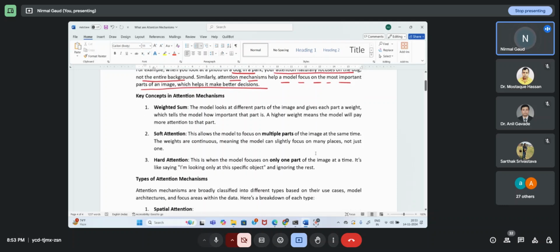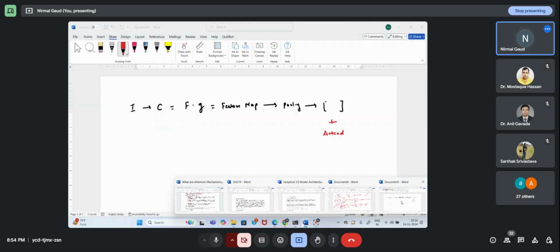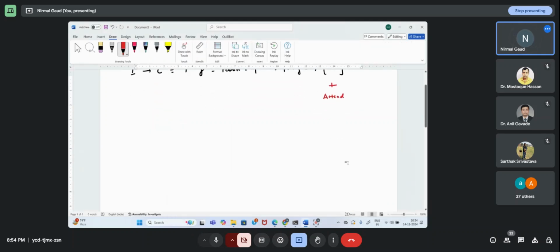The concepts used in the attention mechanism are the weighted sum, soft attention, and hard attention. Weighted sum is what we use in general, the one I have shown you. I also told you the formula for the softmax activation function: e to the power xi upon the summation of e to the power xi, where xi is the attention score.